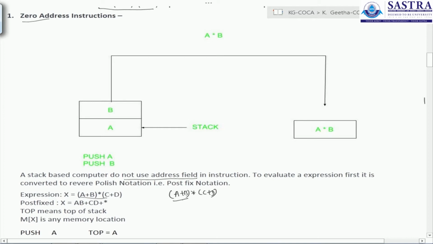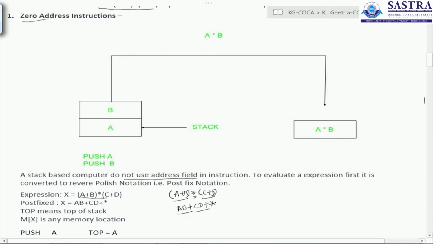The first operation to be done is A B, so that will be plus, and then the second one is C D, then plus. Once I get the results for the first and the second, these two should be multiplied, so the last operator is the multiplication. So this is the conversion of the given infix expression into reverse Polish notation form: A B + C D + *.